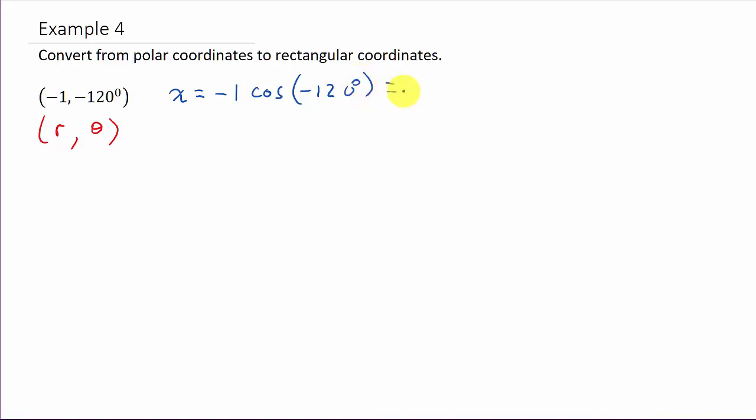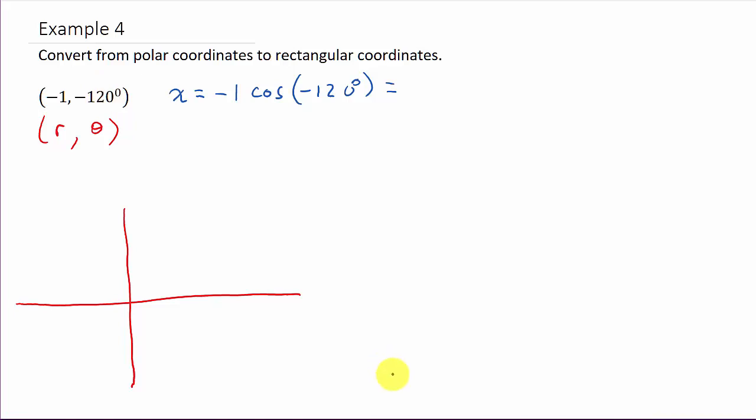Now, -120 means we're rotating in a clockwise direction. To make it easier to calculate, I want to get this as a positive angle between 0 and 360.